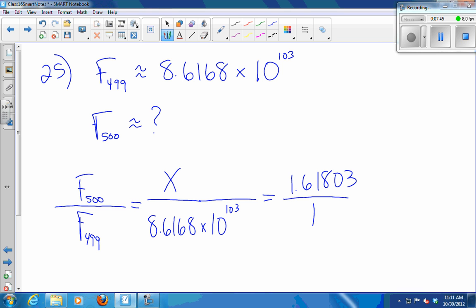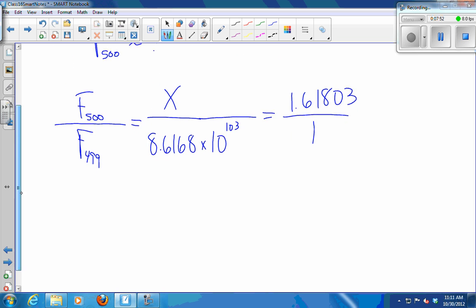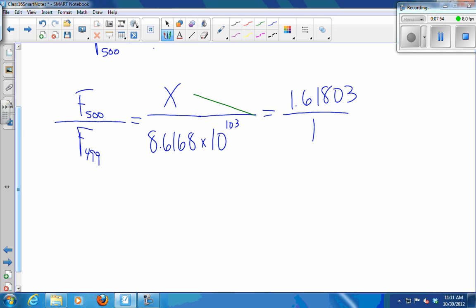So we have a proportion to solve. Two fractions equal to each other, I can cross multiply. So x times 1 gives me x. And then the 499th Fibonacci number, which is 8.6168 times 10 to the 103 times 1.61803.